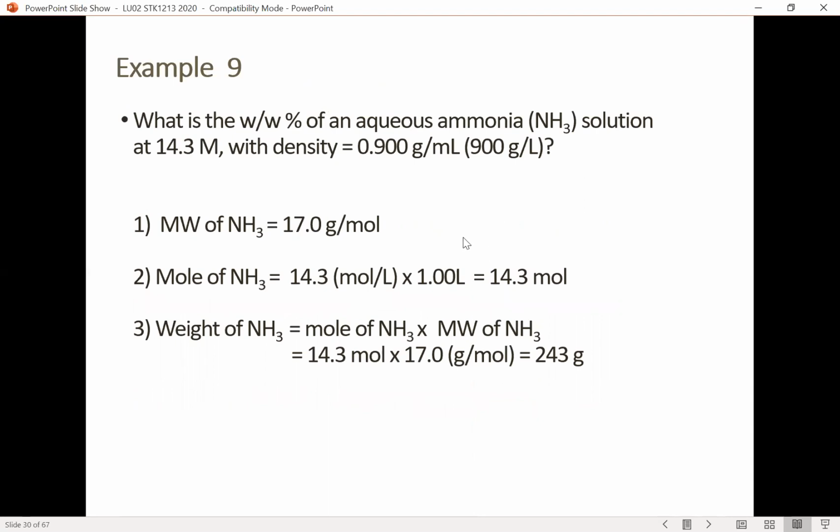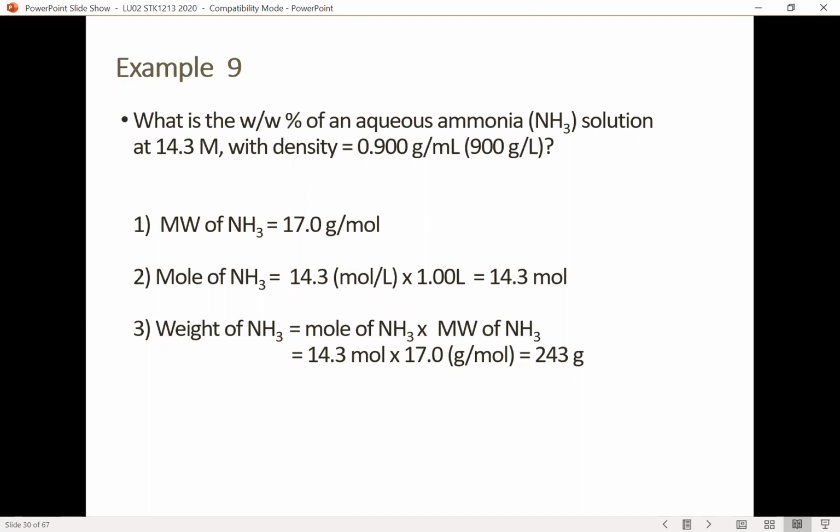Okay, example 9. What is the weight to weight percent of an aqueous ammonia solution at 14.3 molar with density of such and such? So you are required to calculate the weight to weight percent. What is the formula for weight to weight percent? It's the mass of solute over the mass of solution.